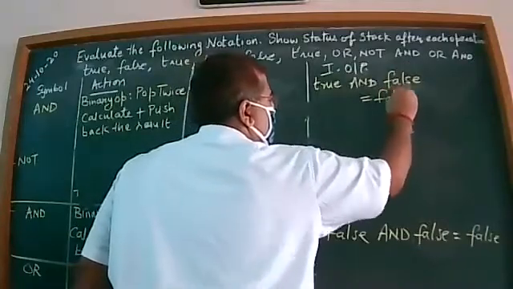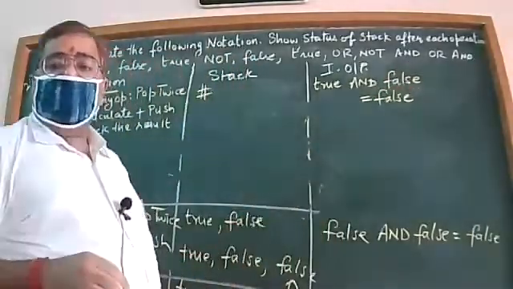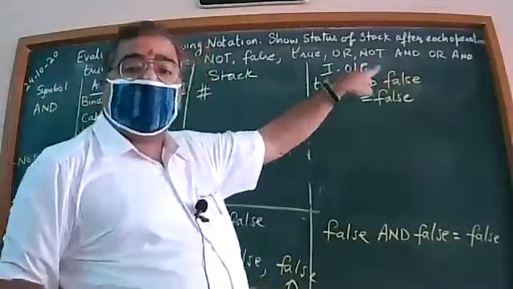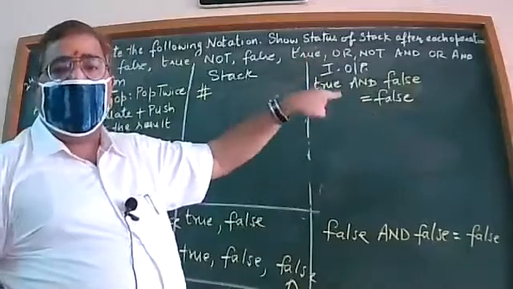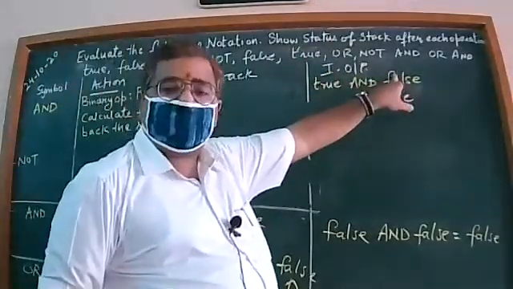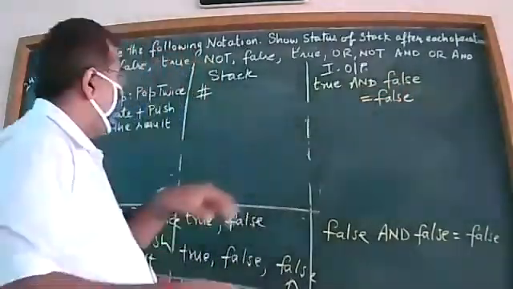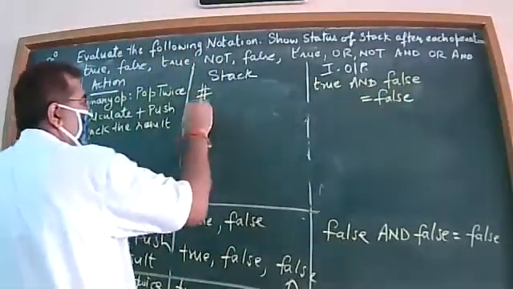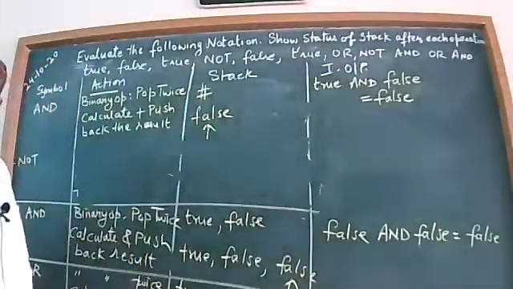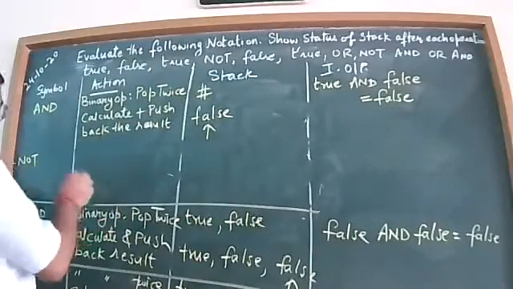The result is false because AND operator says both expressions are to be true if you want the result to be true. But here one expression is false, so result is false. Calculate and push back the result.